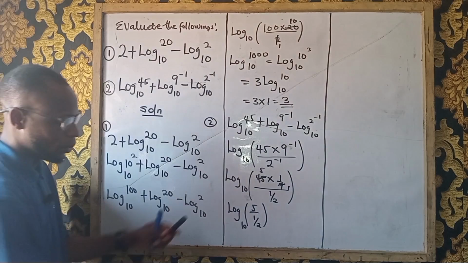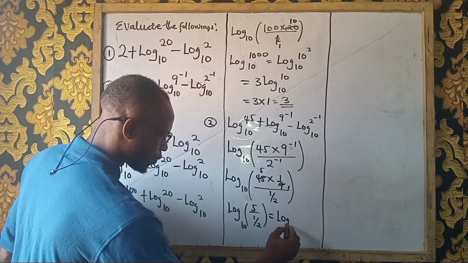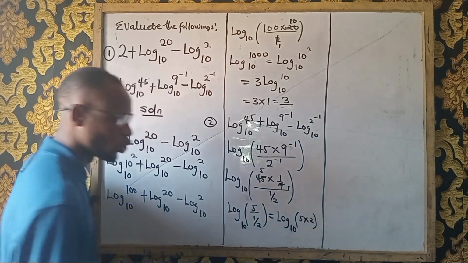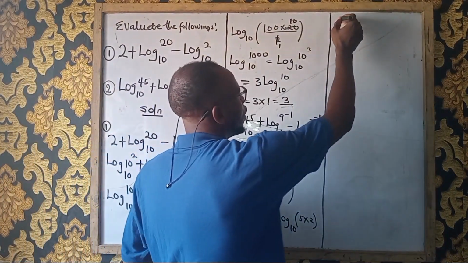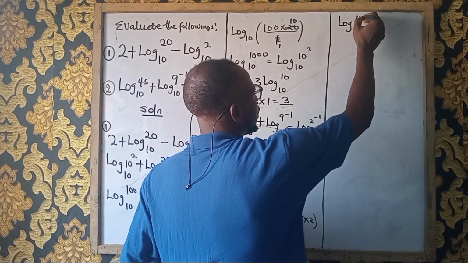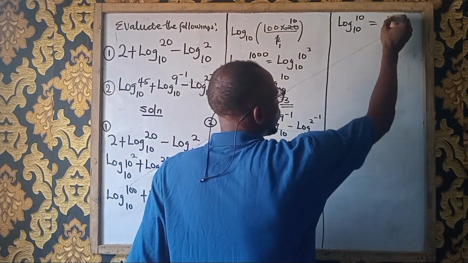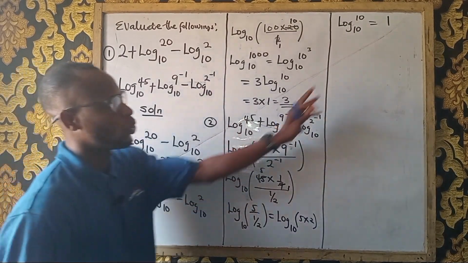Okay? Now, we can reverse this. If you reverse this, you will have log in base 10, 5 multiplied by 2, because division changes to multiplication. So let me continue here. We have log 10 in base 10. And log 10 in base 10 is simply going to be equal to what? 1, according to the law. So the final answer to this problem, by the time we evaluate, is equal to 1.